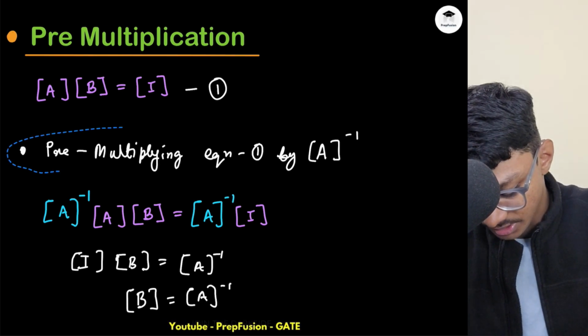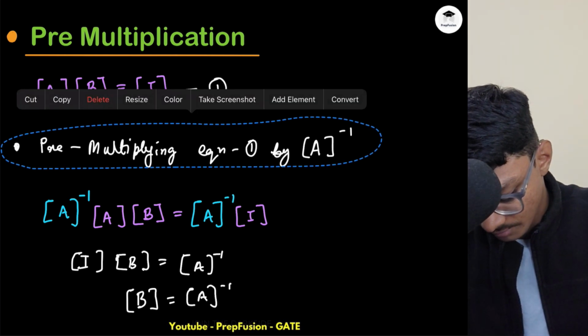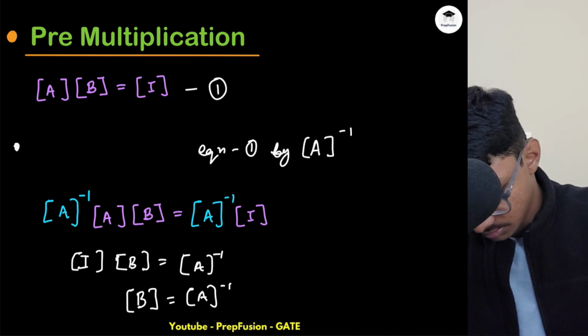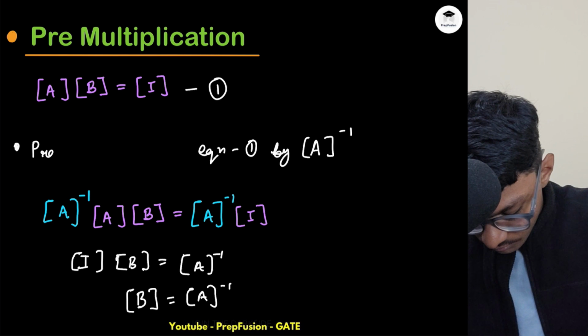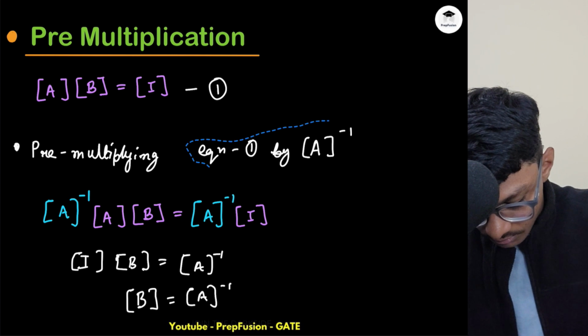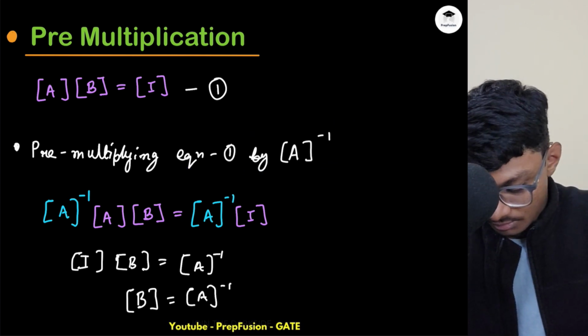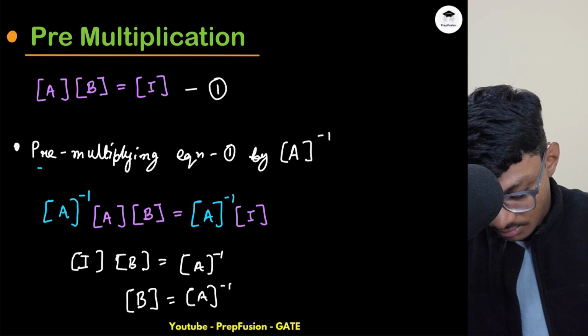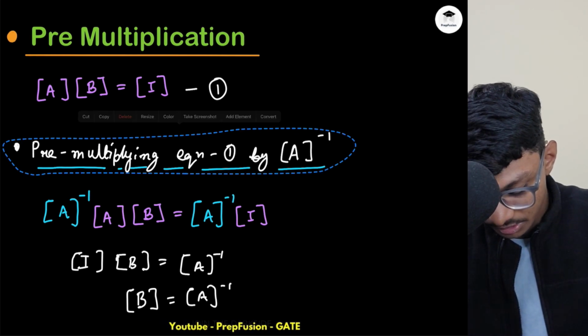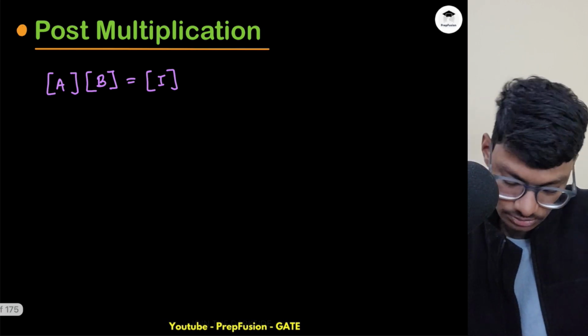So if I say this statement, post-multiplying, let me write this a bit better actually. So now doing the same thing, post-multiplying the equation 1 by A inverse.